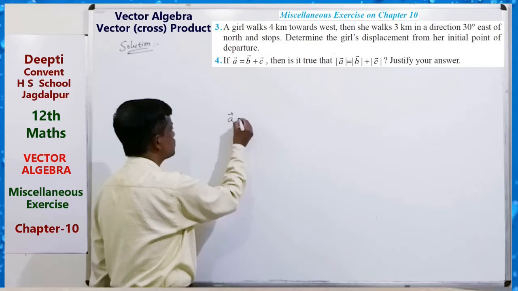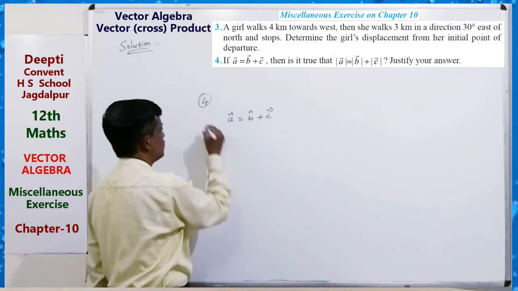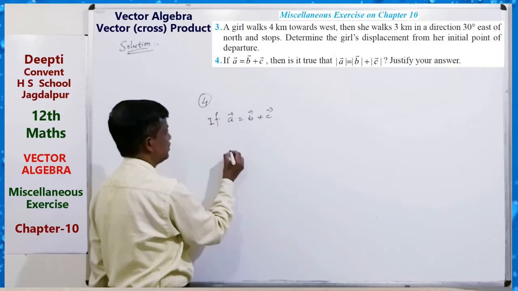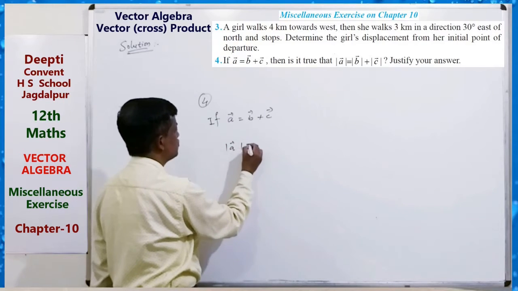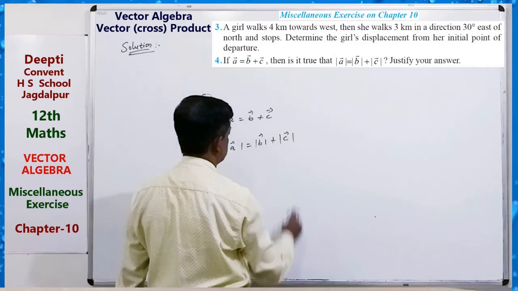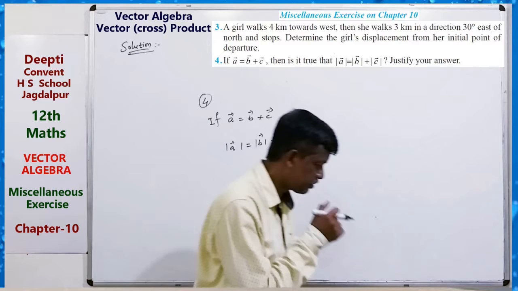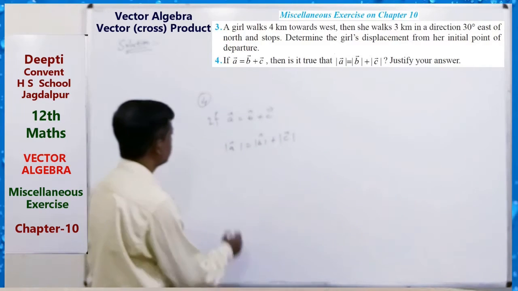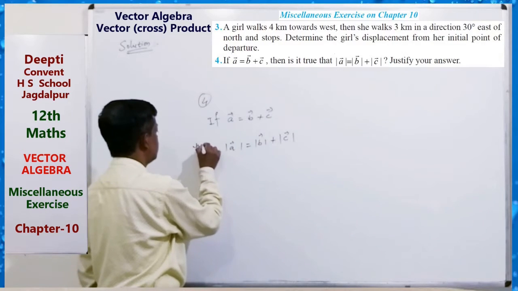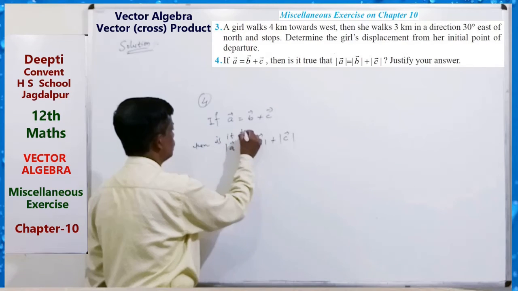If A equals B plus C, question 4: if this, so mod A equals mod B plus mod C, is it true?